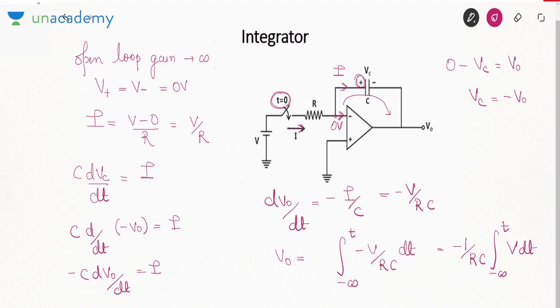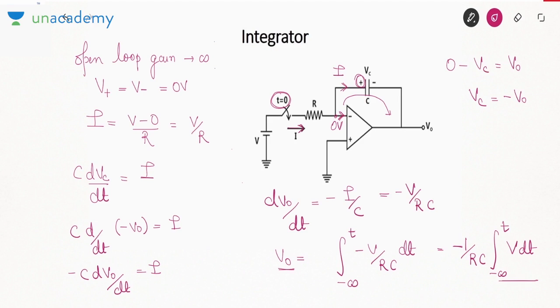That is, if you see, the output is proportional to the integration of the input voltage, and that is the purpose of the integrator. But always remember, there is a term of minus 1 by RC outside. So if you apply a square wave, its integration will be a triangle wave.